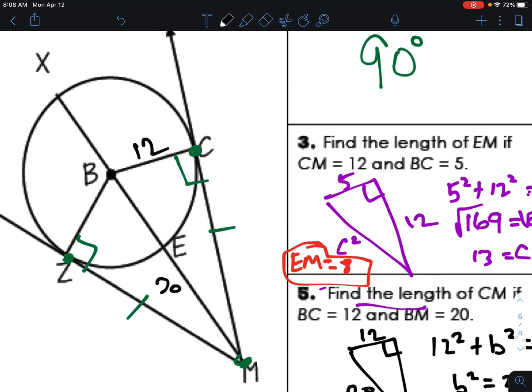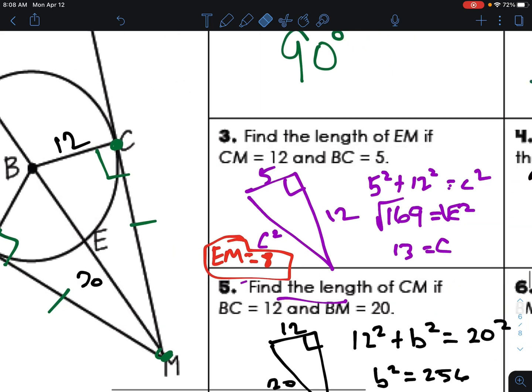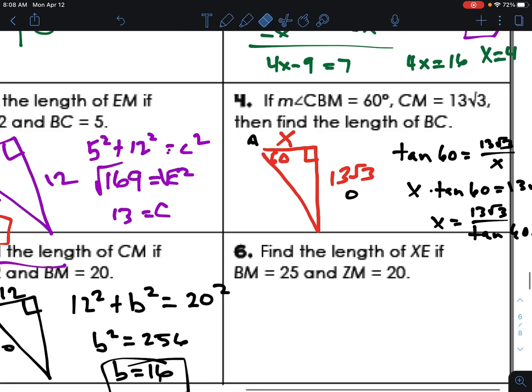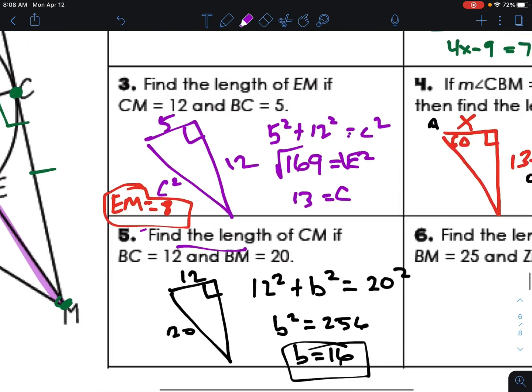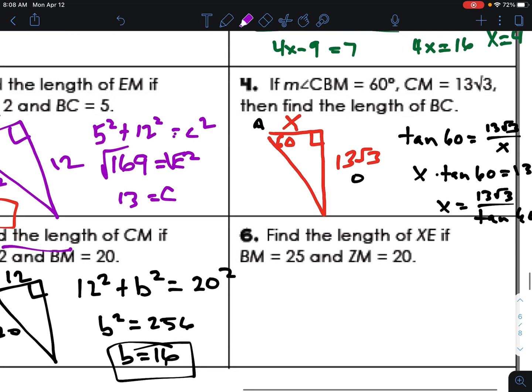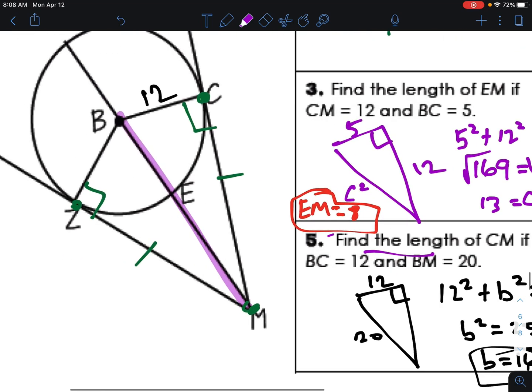And then find the length of XE, which is the diameter, right? So again, being able to pick out the picture, that's the diameter. If BM is 25, they're going to give us BM, and they're going to give us ZM. What the heck am I going to do here? I want to find the diameter.